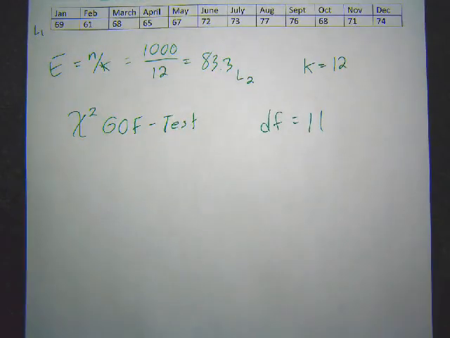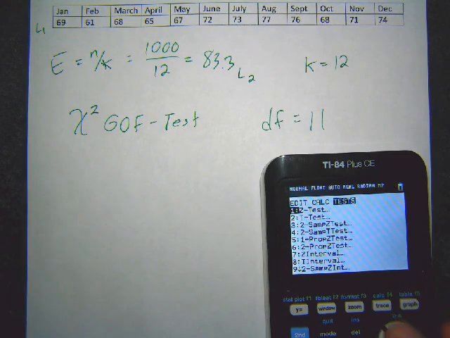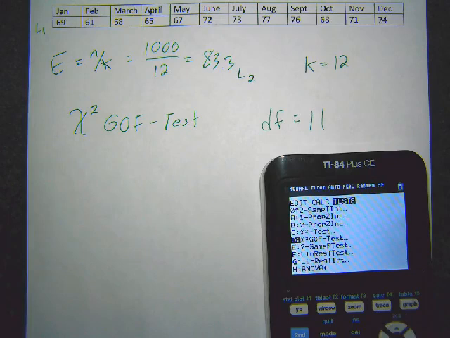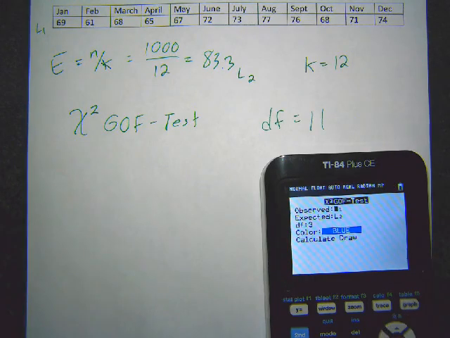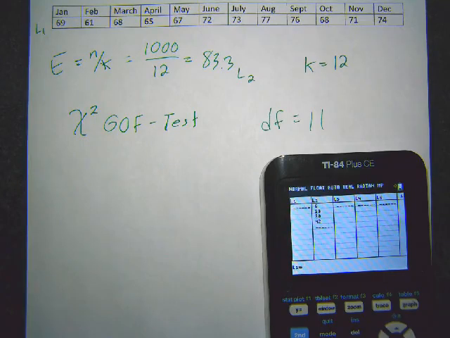Okay, so let's put that in here. We're going to do stats, tests, scroll down to chi-squared goodness of fit test. Well, I have to put the information in first. I'm trying to do it again without putting the data in. Okay, let's type the data in. The first one, it's just going to be 69 each time.